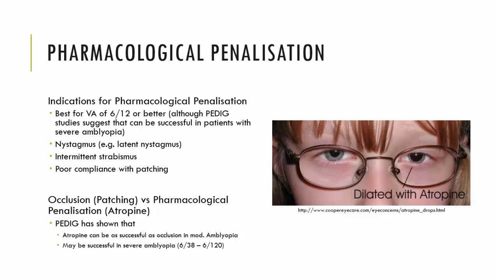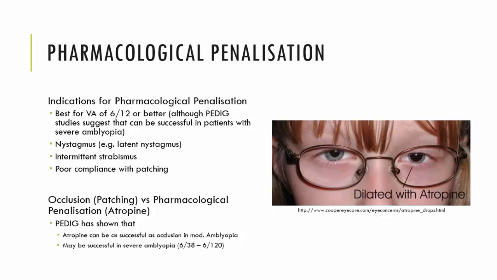Another instance may be that you have intermittent strabismus that breaks down very easily upon dissociation. That may be a consideration where you want to keep both eyes open to prevent dissociation. However, more often than not, it's prescribed in patients who've had poor compliance with patching. Patching has not been successful, so you're trying something different.